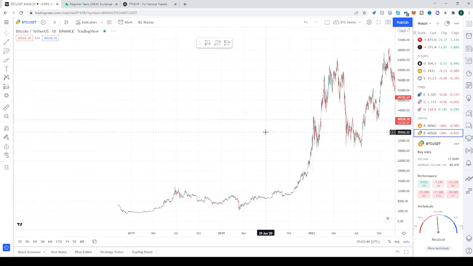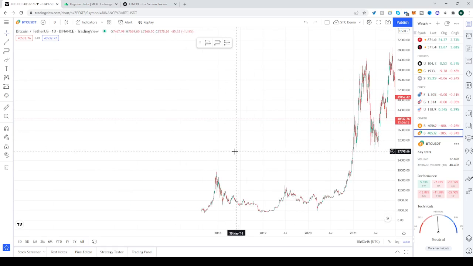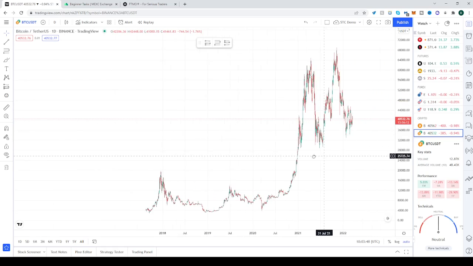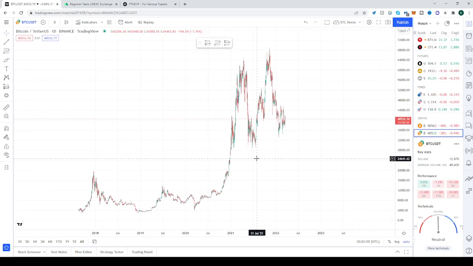So if I zoom out like this, we can see the change in price from way back to 2018. You see where it started, and day by day how it changed. The peak, the drop, the peak, the drop, the peak, the drop, etc.